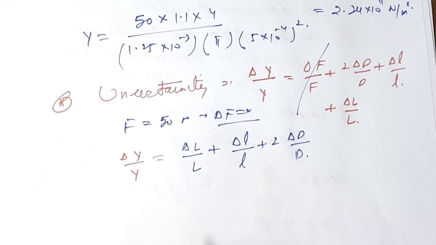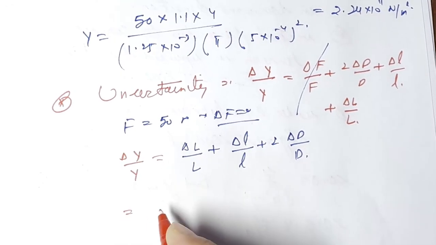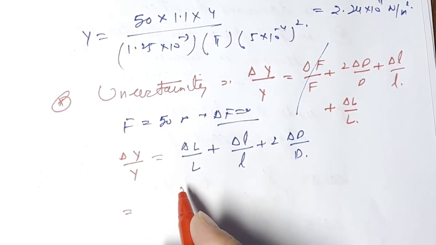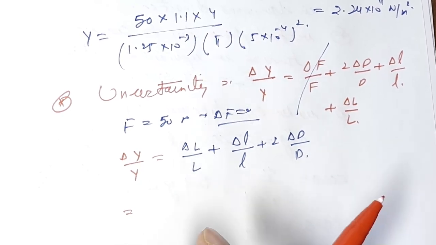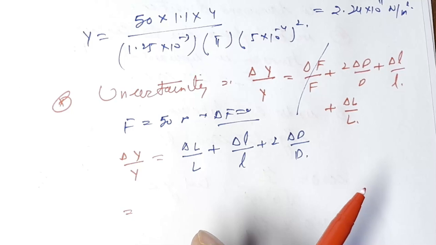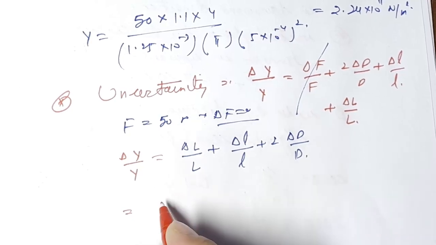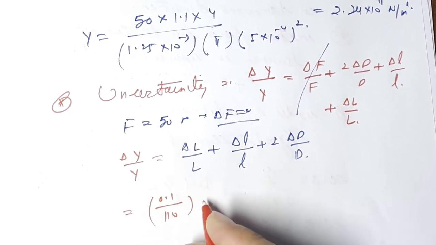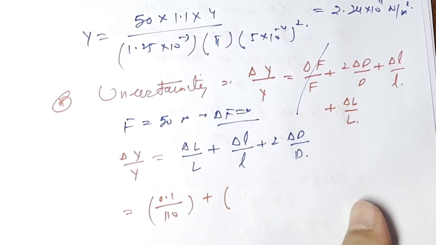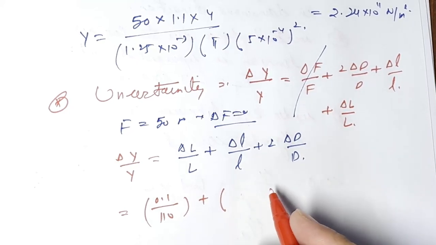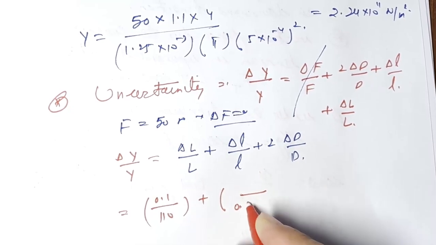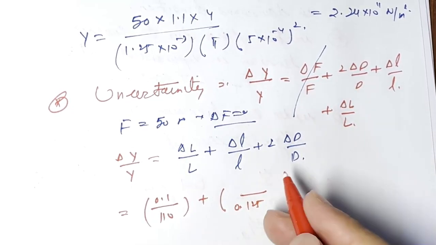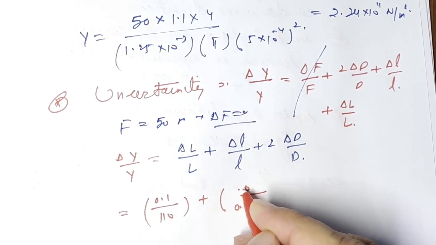Now we substitute the values. We get delta L, that is the least count given for capital L, which is 0.1 centimeter. So this becomes 0.1 over original 110, plus extension, which is given as 0.125, and least count 0.001.